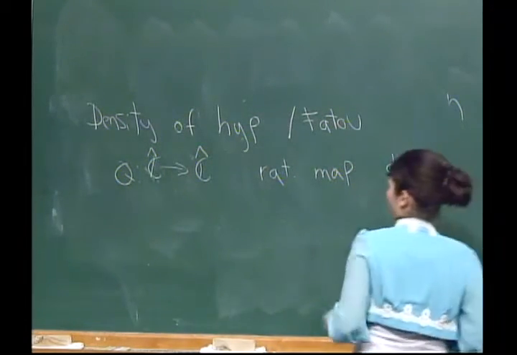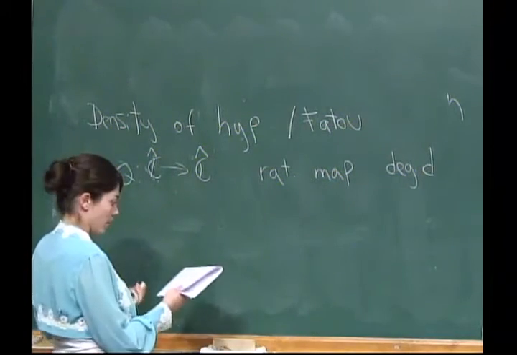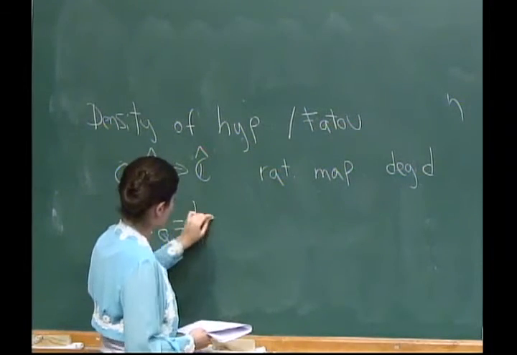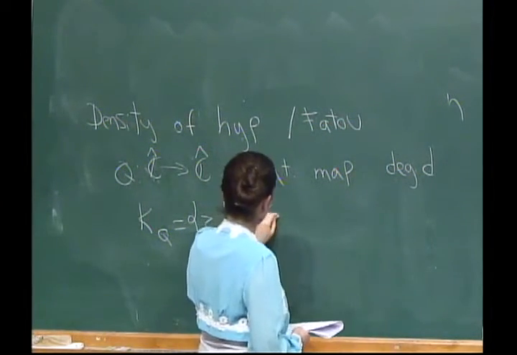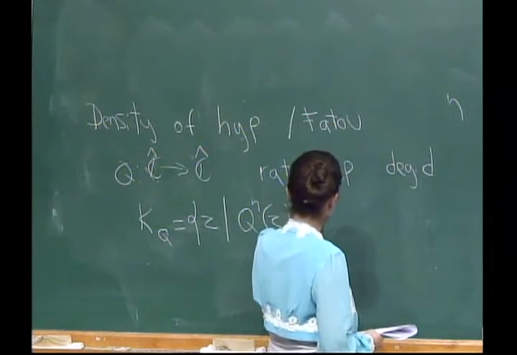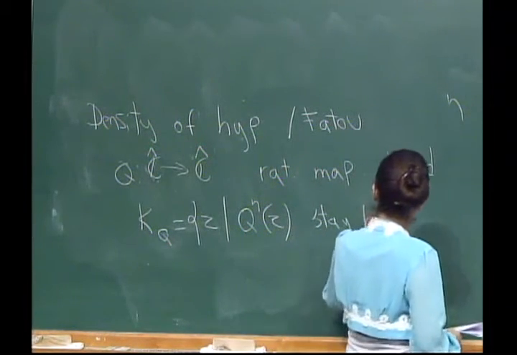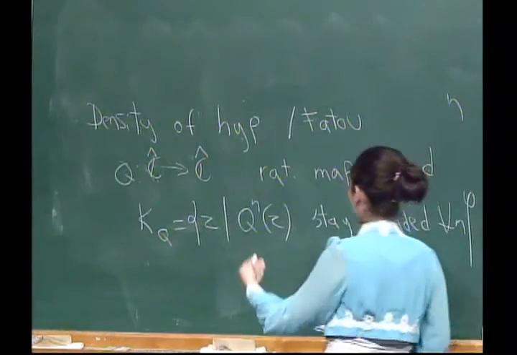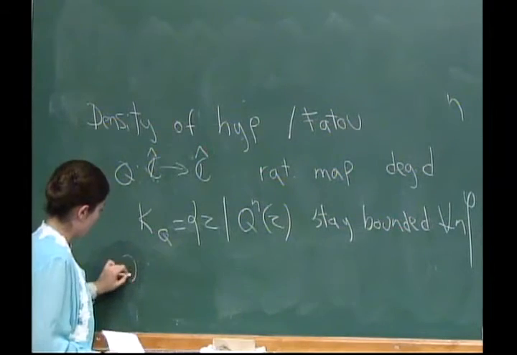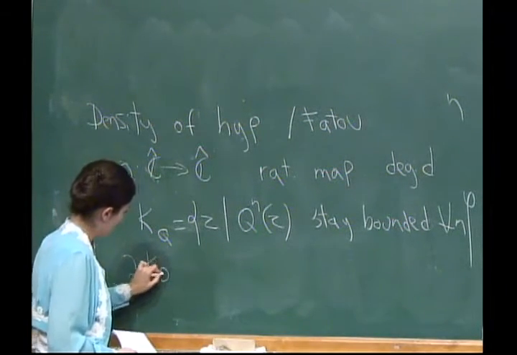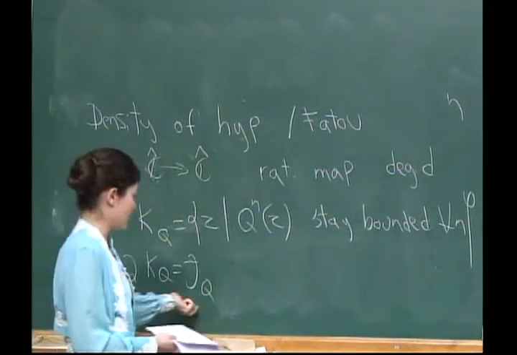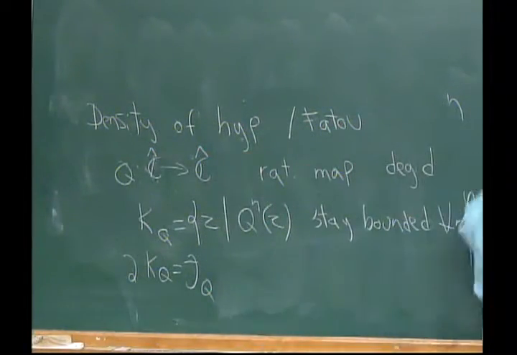And then you define the filled Julia set of Q, which is equal to the points such that the iterates of those points stay bounded for all n. Yeah, so the forward iterates of points that don't escape. And then the Julia set is the boundary of this set. So a map is called hyperbolic if it's expanding on this set, or there's many equivalent definitions.